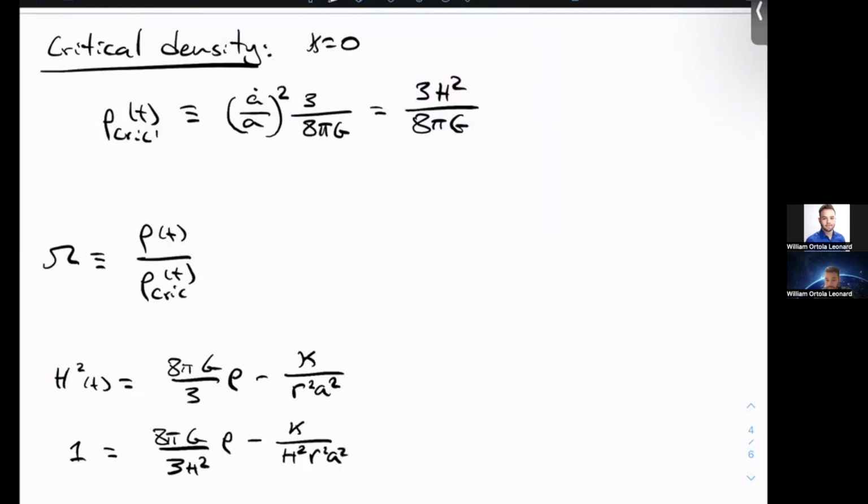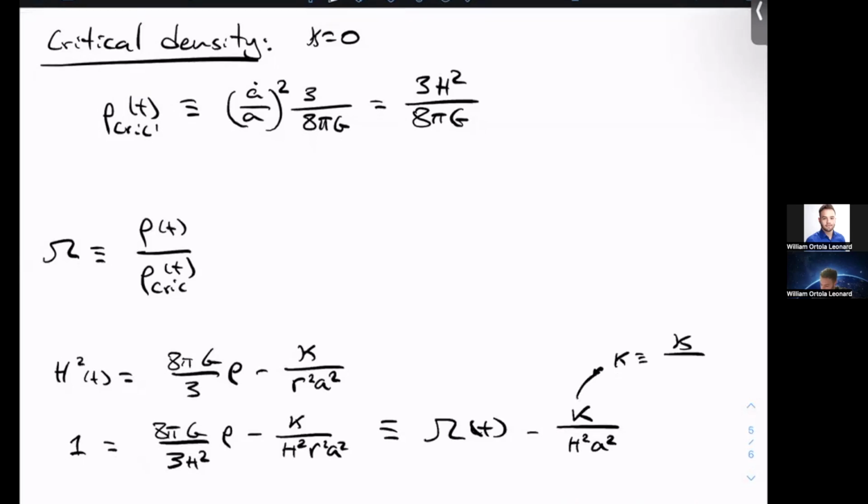If you realize, on the first term here on the right hand side, what we have is the inverse of the critical density, which means this can simply be expressed as omega(t) minus kappa, or sometimes in cosmology this can also be defined as k over H squared a squared, where k is simply the definition of kappa divided by the radius squared.